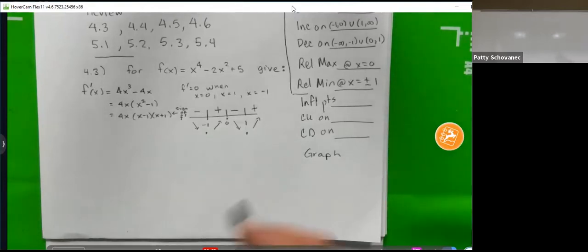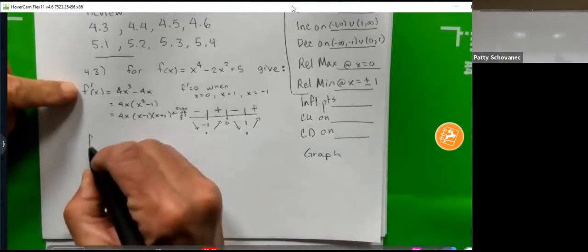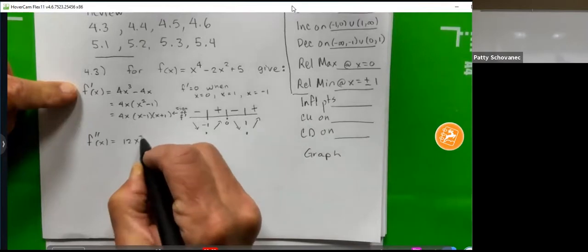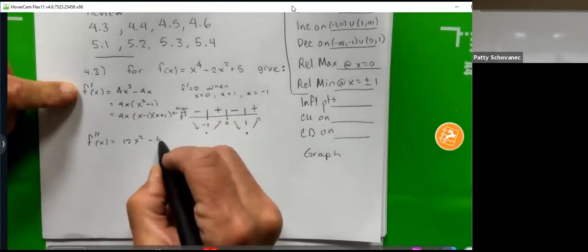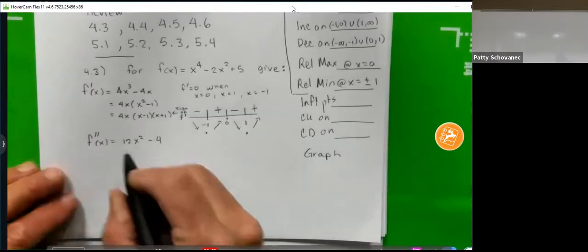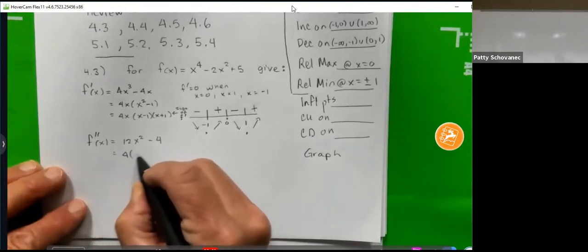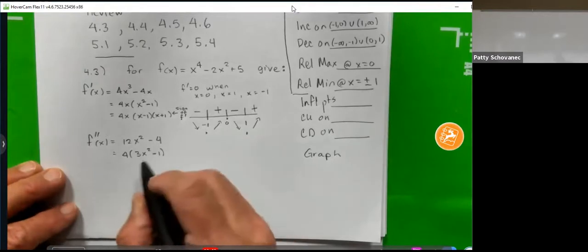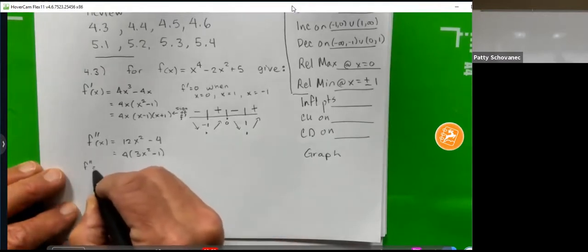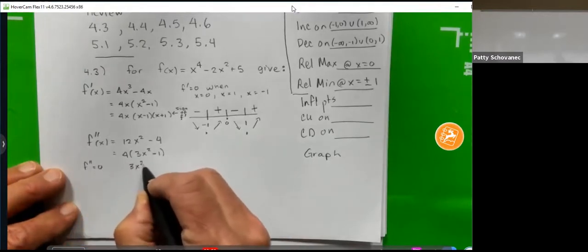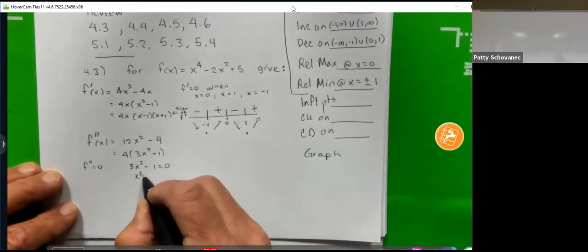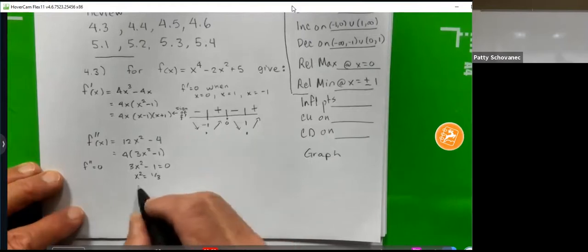Second derivative. Go back up here. The second derivative gives me 12x squared minus 4. I suppose I can pull out a 4, and I have 3x squared minus 1. So f double prime is 0 when 3x squared minus 1 is 0, which says x squared is 1/3.